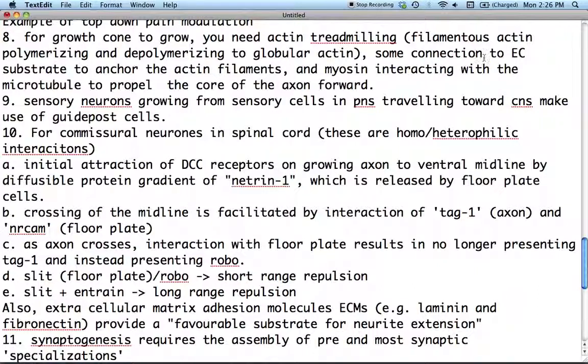You need some kind of connection to the extracellular substrate to anchor the actin filaments. And once you have that, you've got myosin, which is interacting with the microtubule to propel it forward. So basically you need an anchor, you need actin treadmilling, and you need myosin to anchor to the anchor and yank the growth cone along, and that's how you can get it propelling forwards.